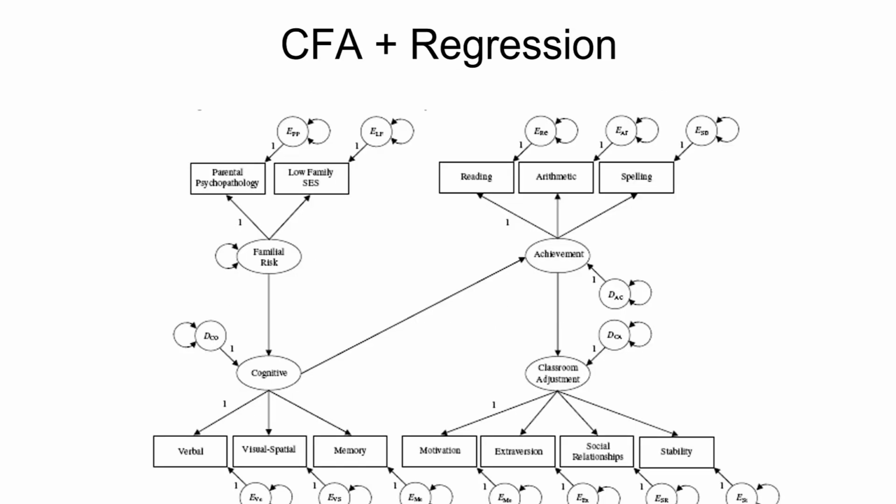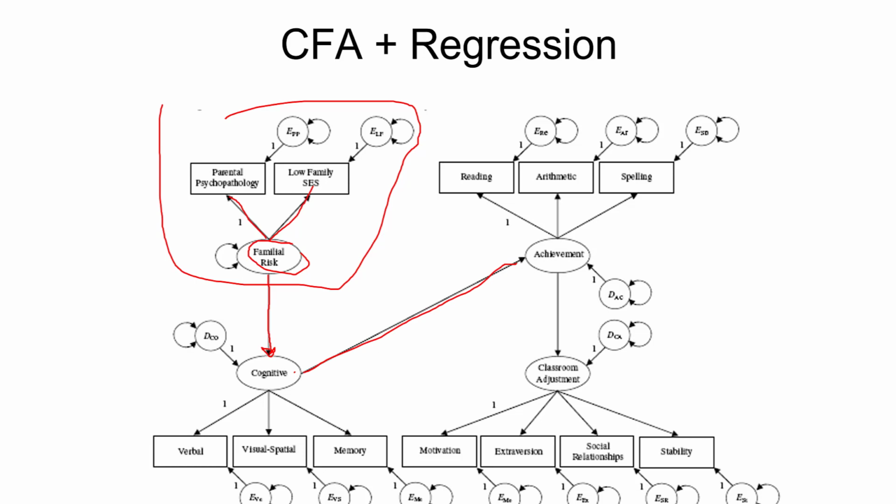All right, and then here's another example I'll go over quickly. Just this is we've got our confirmatory factor analysis. We're looking at things like familial risk being predicted by SES and psychopathology. So this is a CFA model, but we also have our regression model in here where one thing predicts another thing. So familial risk predicts cognitive predicts achievement.